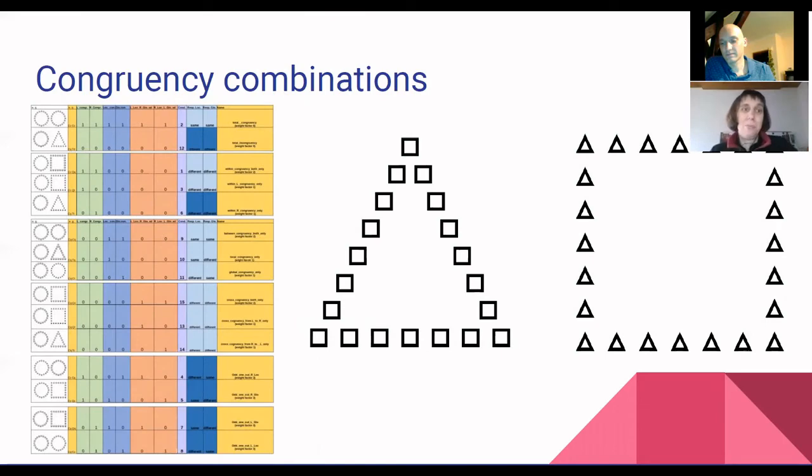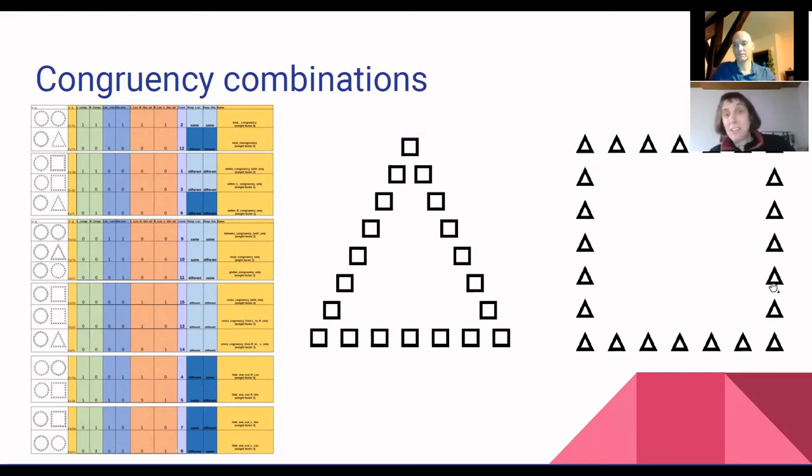Okay, so when we move from the Navon task, which only has a single stimulus, to the Navon matching task, which has two stimuli on the screen, the complexity of the congruency conditions becomes much, much bigger, as you can see on the left. If you write out all the possible combinations of congruency, you get 15 possible combinations. There's not enough time to go through each of them now, so I'll go with just one example shown here on the right.